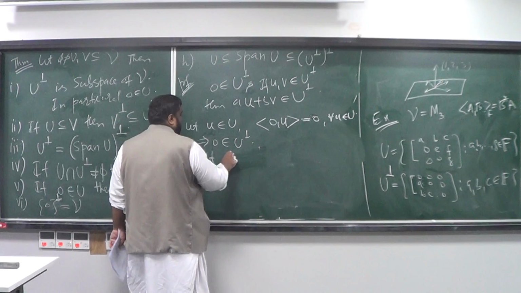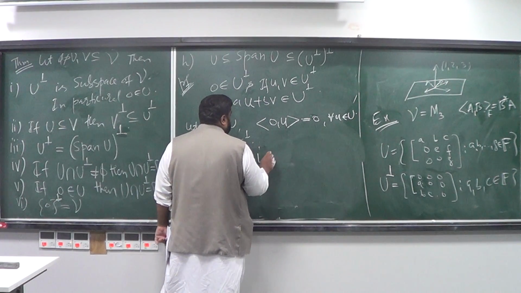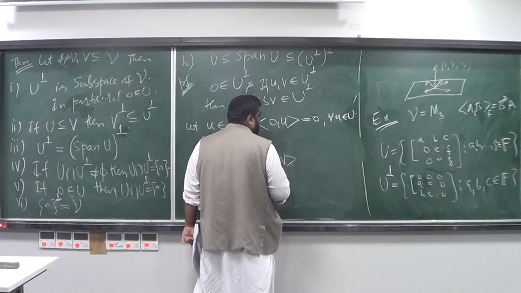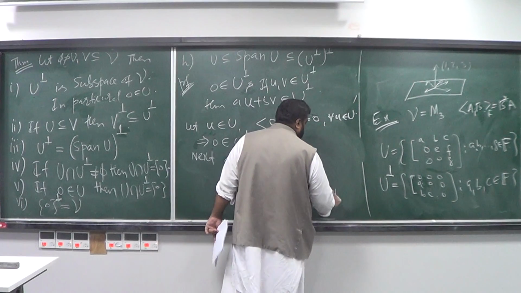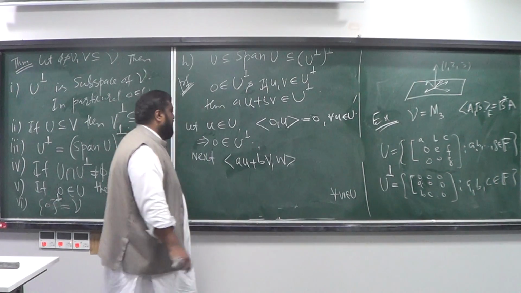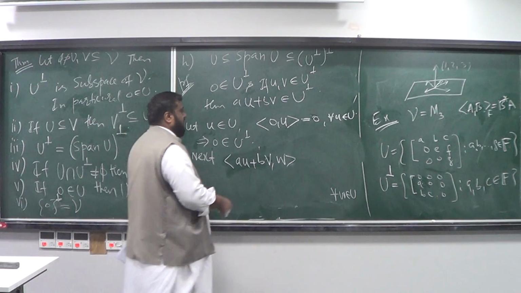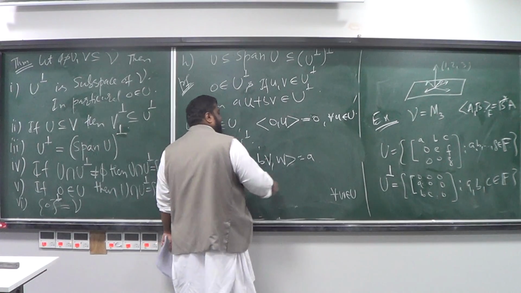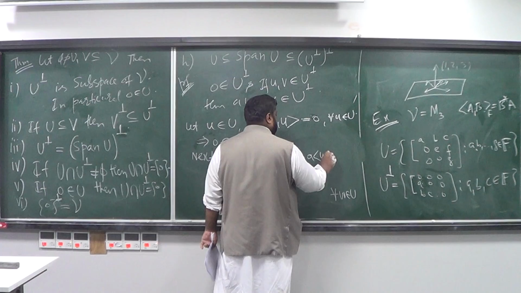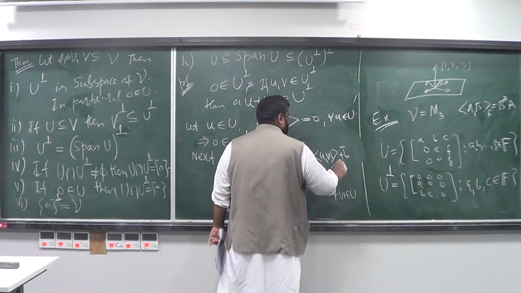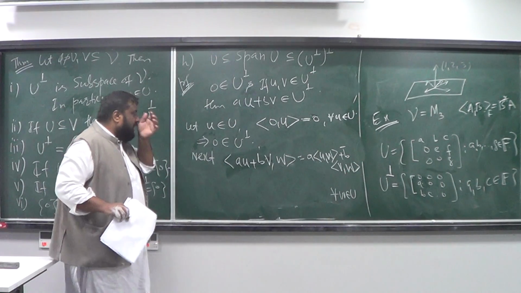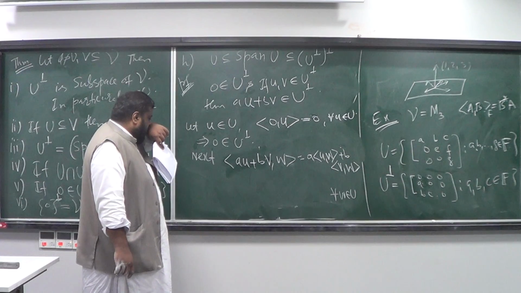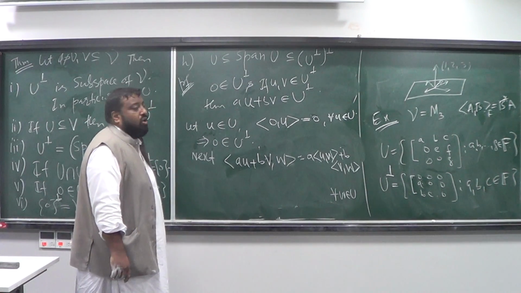So let's take the inner product of aU plus bV with an arbitrary element of U. Let W be an arbitrary element of U. Then I can break this inner product and write this as a times inner product of U and W plus b conjugate times inner product of V and W. This is true for all W in U.